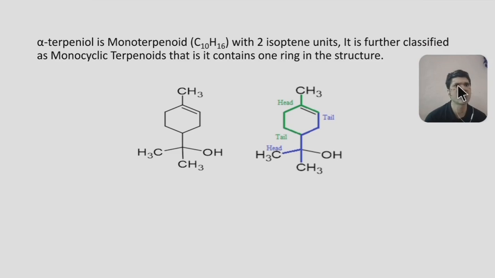It is further classified as a monocyclic terpenoid, that is, it contains 1 ring. And you can see here the green shows one isoprene unit and blue is another isoprene unit, and these 2 isoprene units are joined in head to tail fashion. So this is about terpenol.